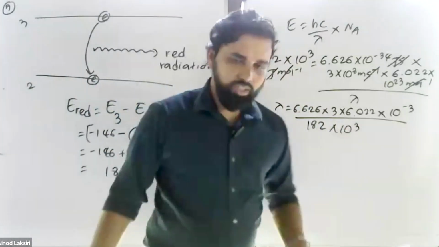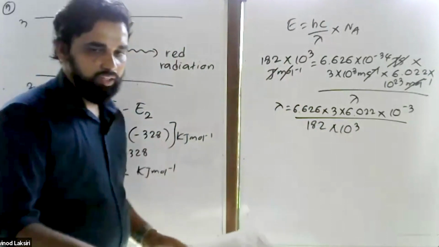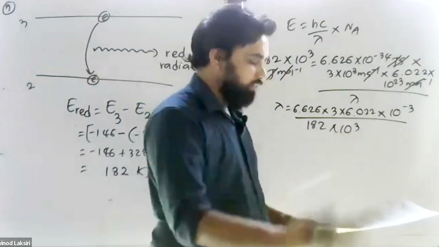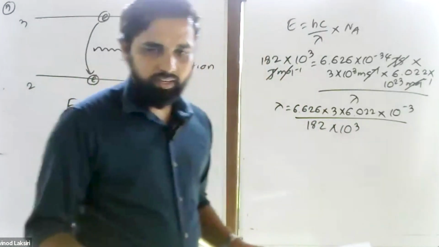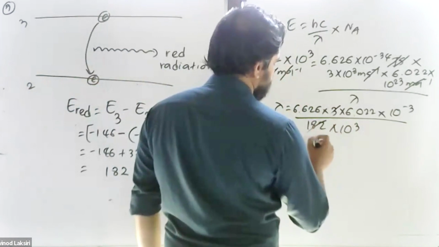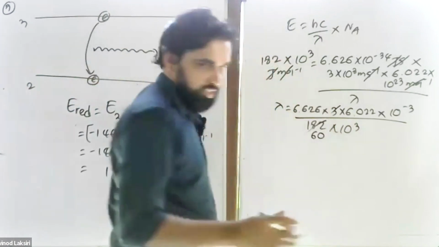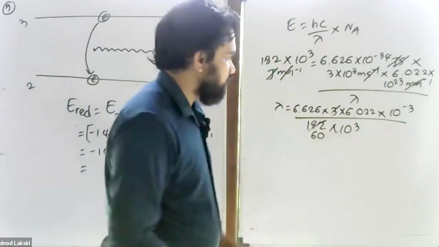So remember in the MCQ, there is no need to simplify 100%. We can simplify roughly, then by considering the answer, we can select the correct one. So therefore, I will simplify roughly. Here I will take 182 as roughly 180, not 100% exact.